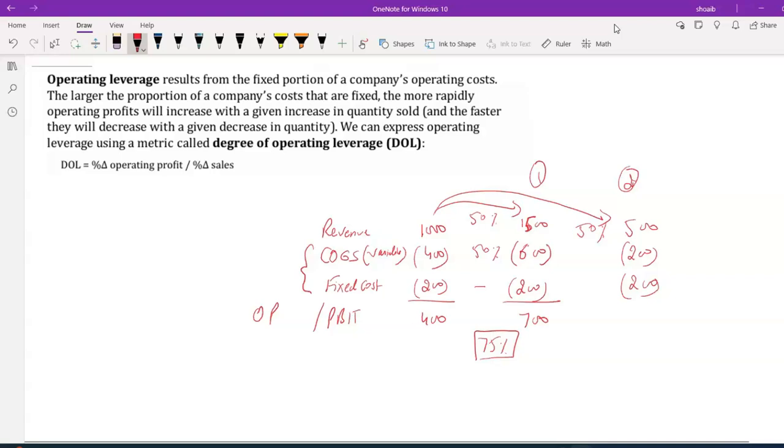Variable cost will decrease by 50%, half. Fixed cost will remain fixed. So this is 100. Now, if I ask you, how much revenue has decreased? 50%. How much profit has decreased? You will calculate the change divided by the previous. So 75% negative.